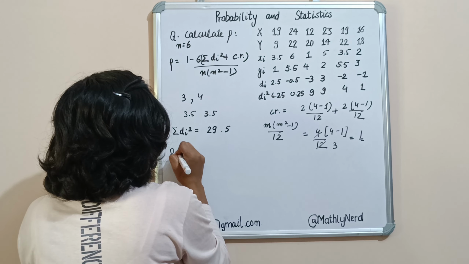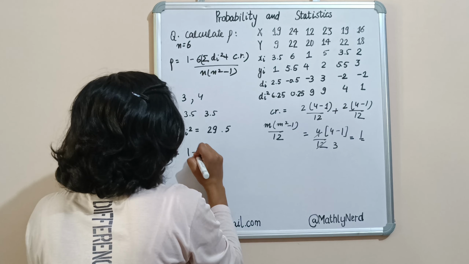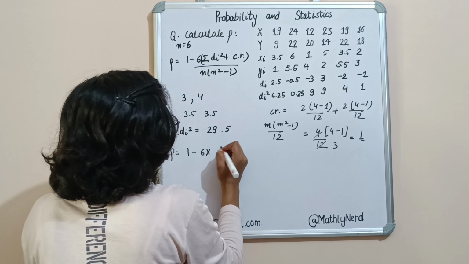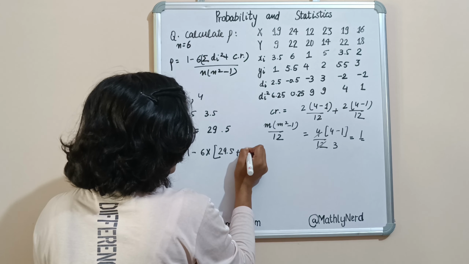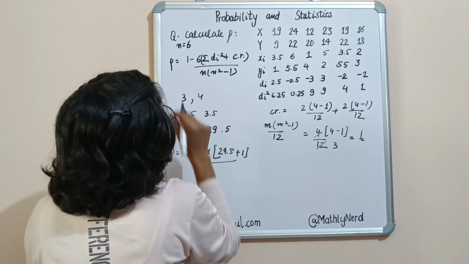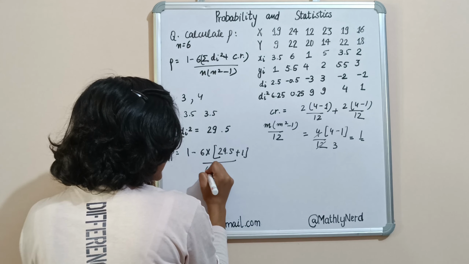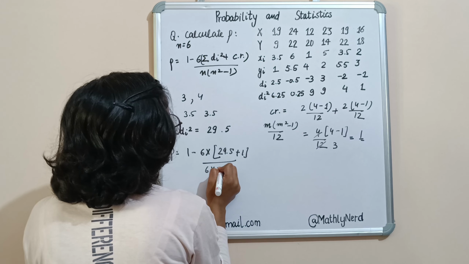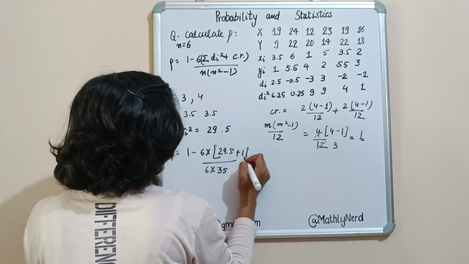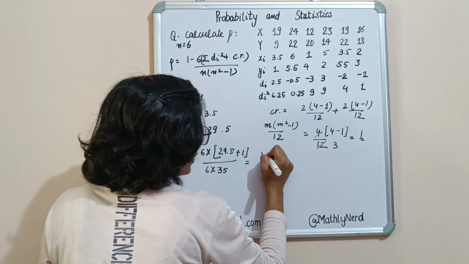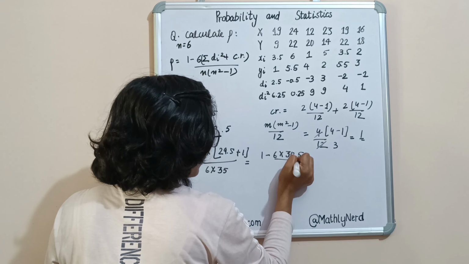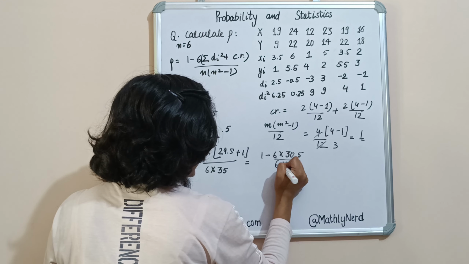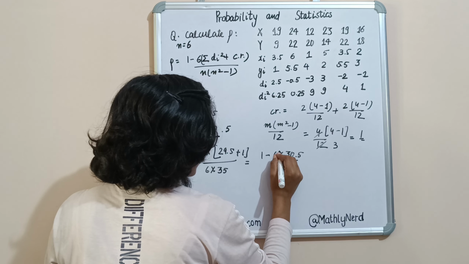Now we will put this in rho. So 1 minus 6 times 29.5 plus 1, divided by n, which is 6, times 36 minus 1, 35. 1 minus 6 into 30.5, divided by 6 by 30.